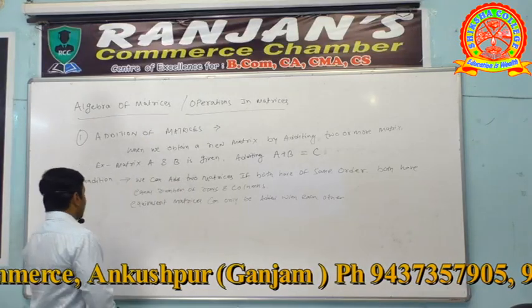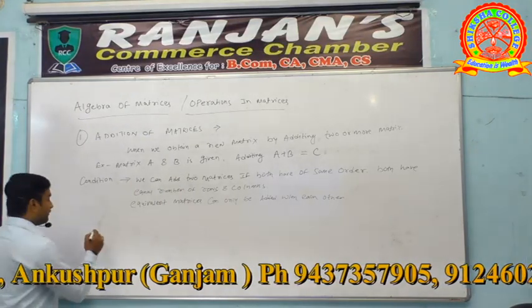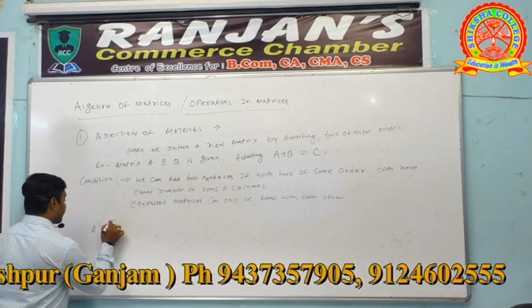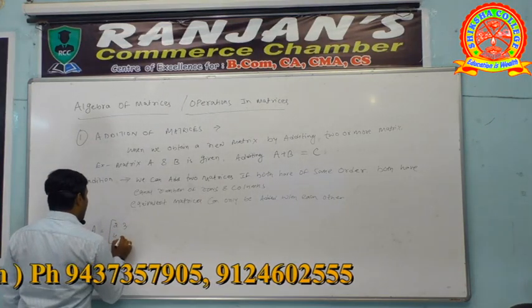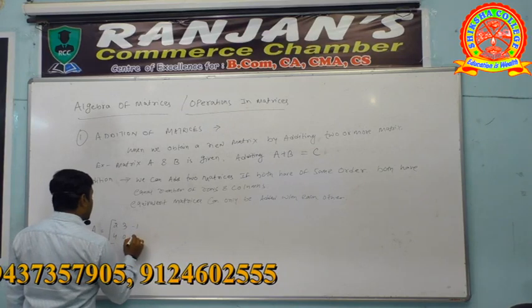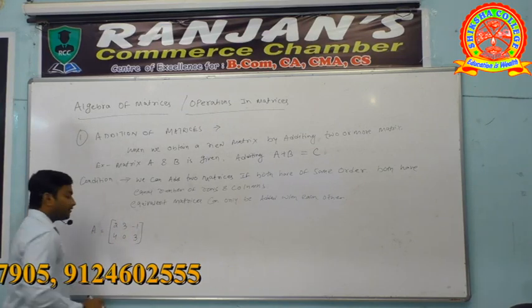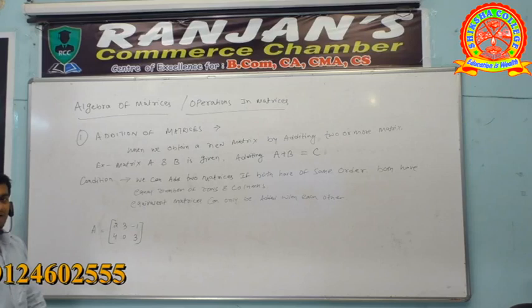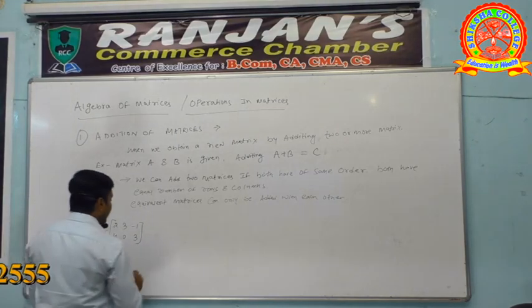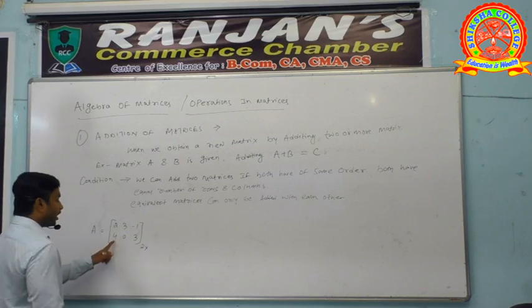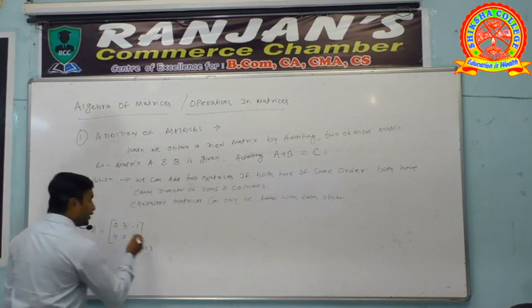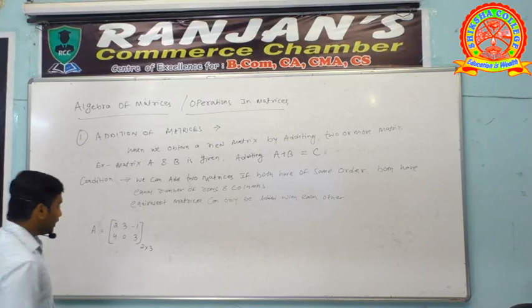So for example, if we have a given matrix A, which is 2, 3, 4, 0, minus 1, 3, what order is it? We have 2 rows and 3 columns, so the order is 2 into 3.